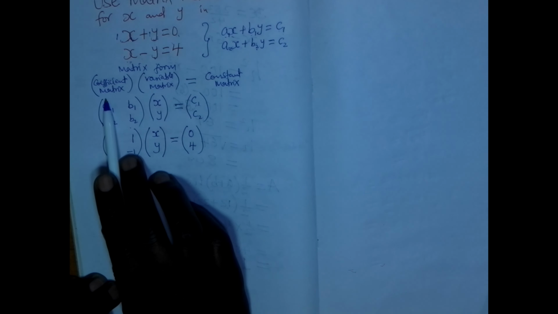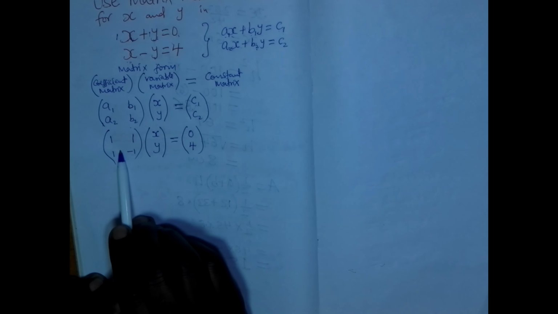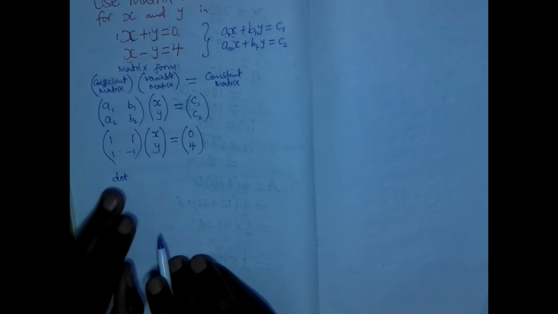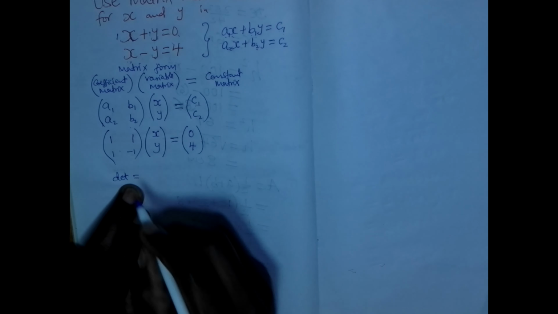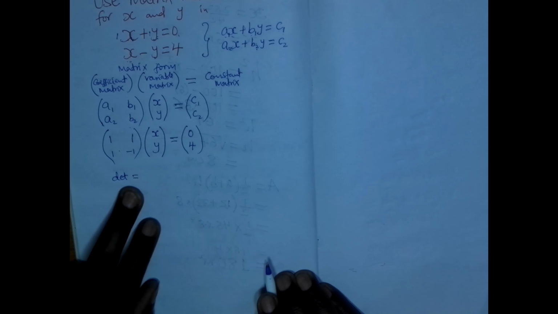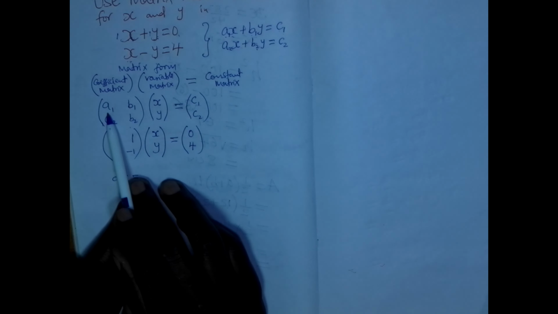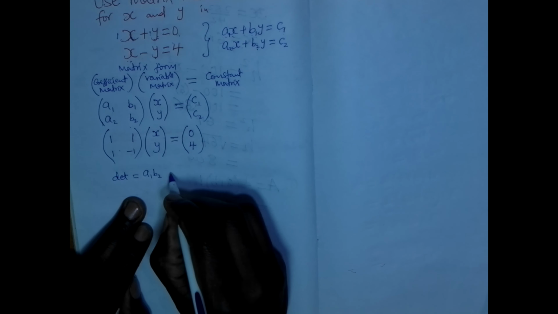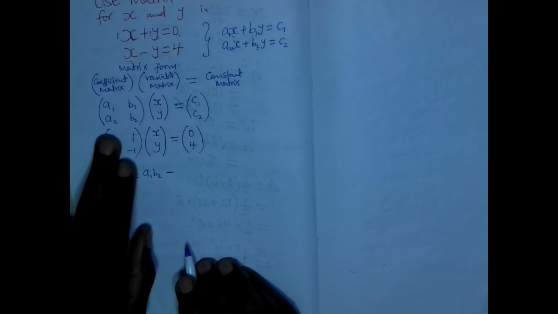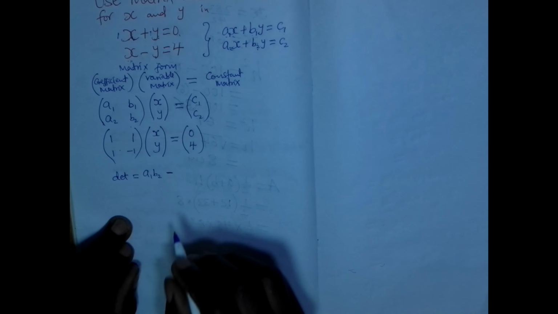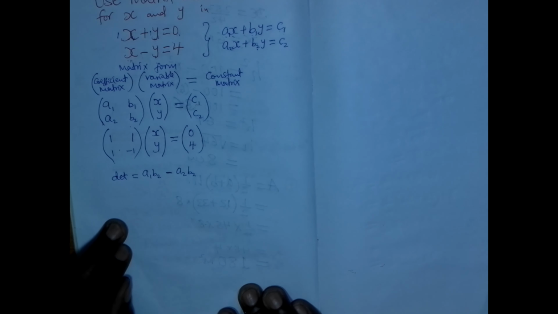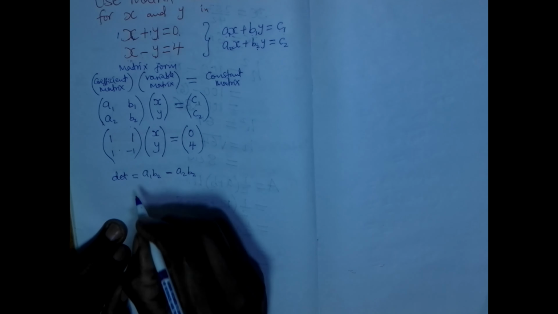Now this is a matrix equation obtained from the pair of simultaneous equations. From the coefficient matrix, we need to determine the determinant. How do we get the determinant? We multiply the elements in the main diagonal, a1 b2, and subtract the product of the elements in the secondary diagonal, a2 b1.